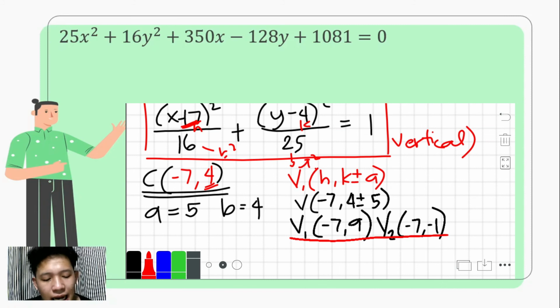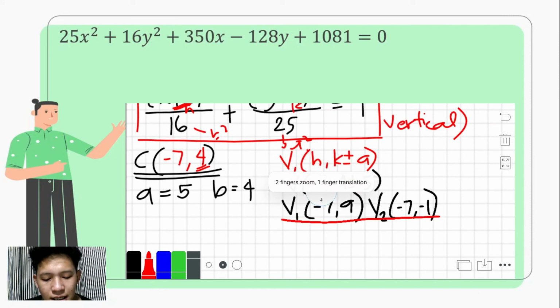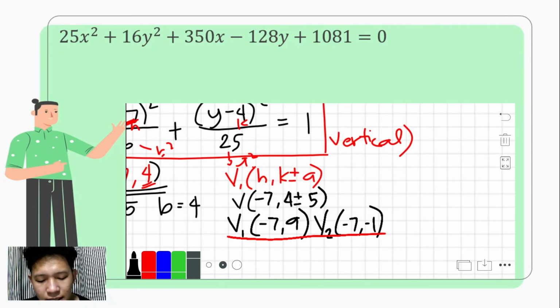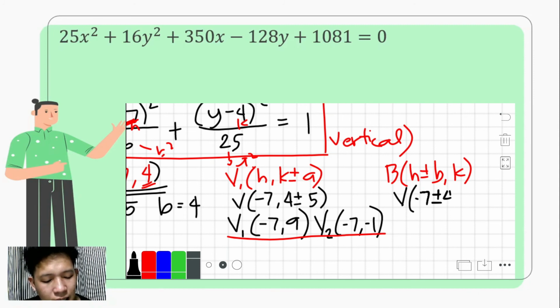And then, our co-vertices would be at, since we moved k for the vertices, for the co-vertices it is h. So we have h plus or minus b, k. Hence, the co-vertex would be at negative 7 plus or minus the value of b, which is 4, comma, the value of k is 4. Okay?